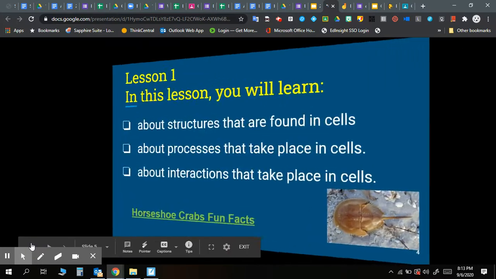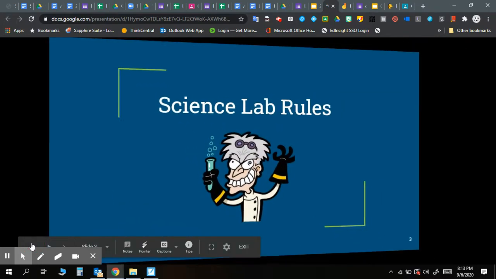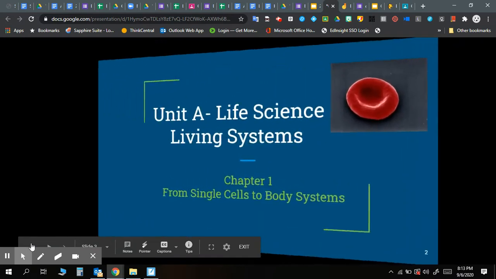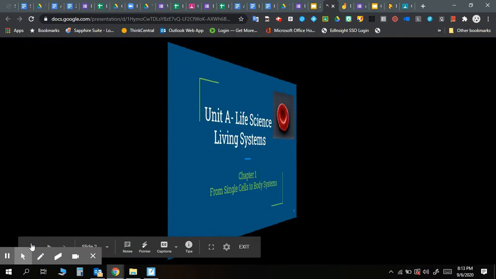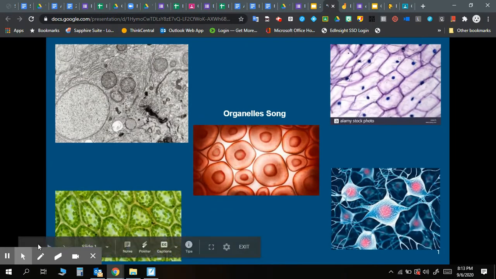On the page before this, at the bottom right-hand corner are nerve cells, and there are your plant cells again down here that I showed you. I wanted to show those to you. Nerve cells, pretty cool looking.